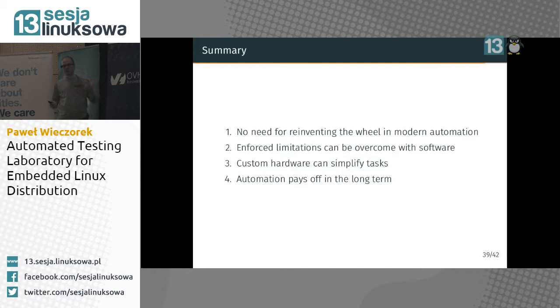What we still have to do is only give it a little help to be easily manageable for our needs. Also, all the enforced limitations, like I mentioned, external infrastructure, can be overcome with just a little coding.